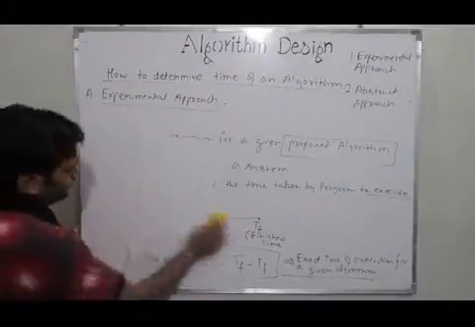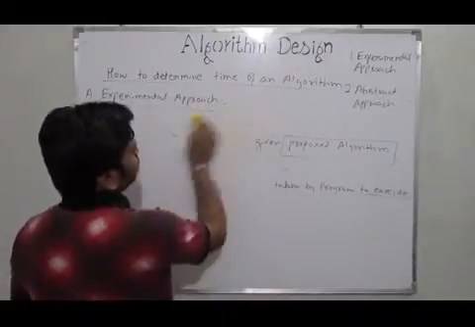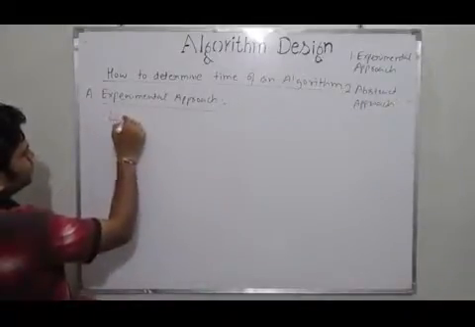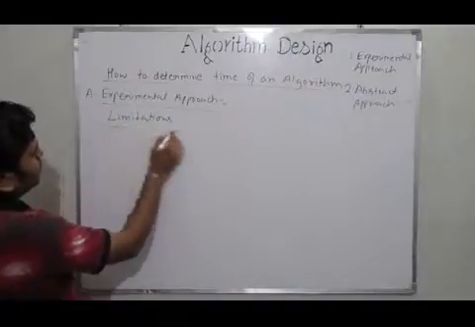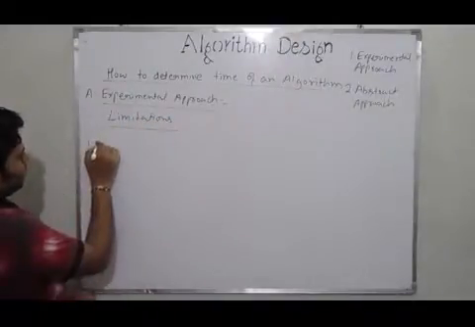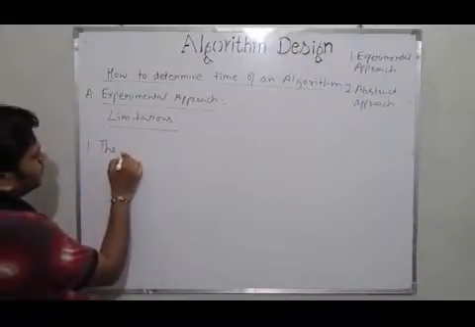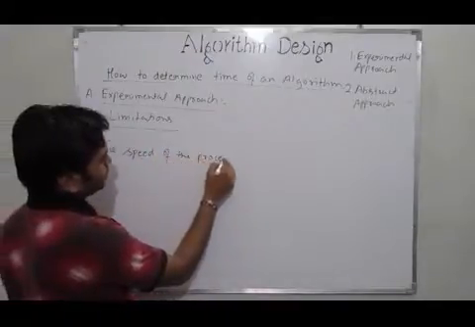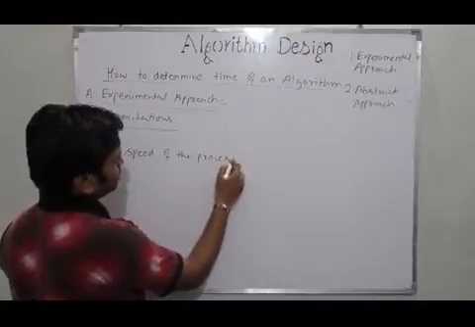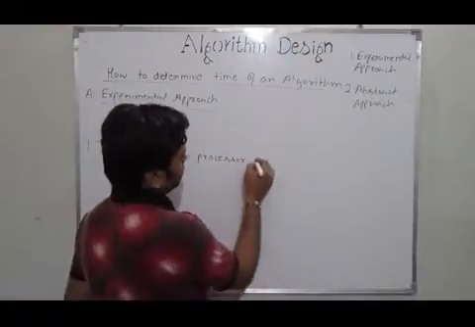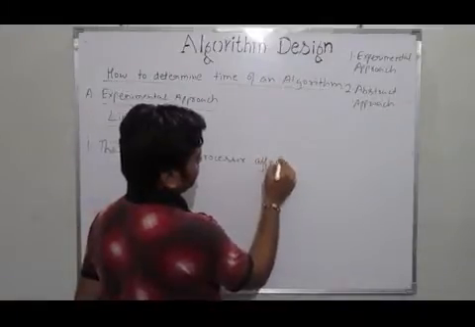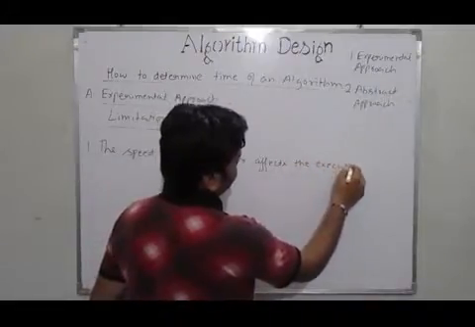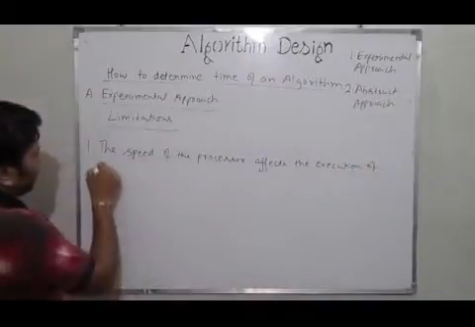The first limitation for the experimental approach to determine the time of an algorithm is that the speed of the processor affects the execution of program.